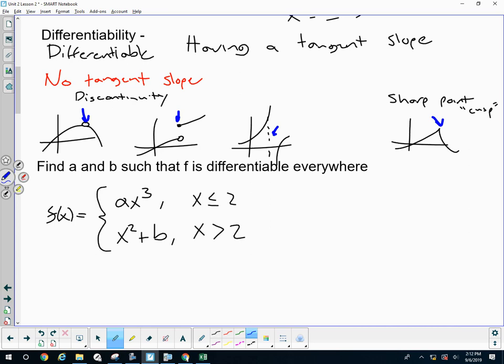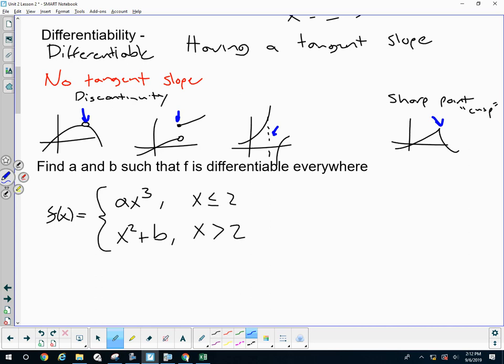Why? Well, try to think about the tangent slopes leading up to that point. Positive, positive, positive, positive, positive, positive, positive. But then on the other side, negative, negative, not approaching the same value at that location. So it's kind of like one way or the other. If you look to the left, it'd be one way. If you look to the right, it'd be the other way. But at the location, the limit's not approaching the same value.